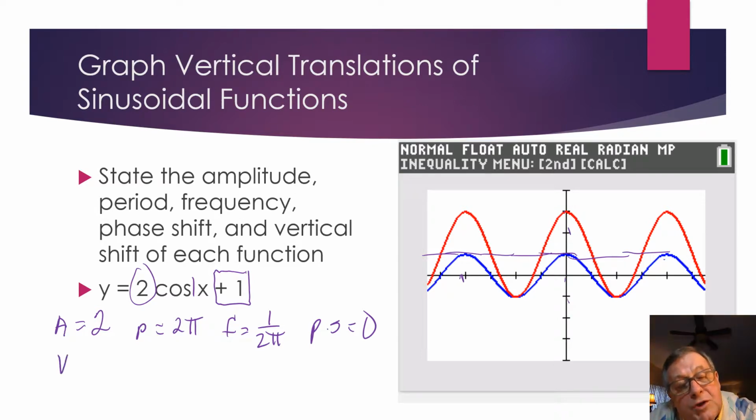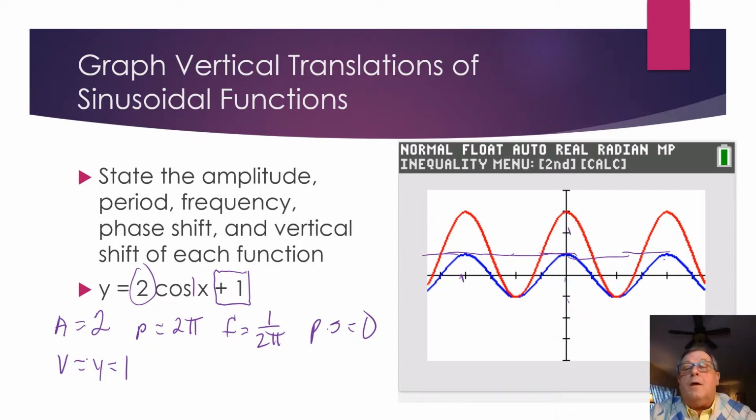Well, we got a vertical shift of, let's call it y equals 1. So we have shifted up the y-axis by 1 unit by virtue of that plus 1 sitting out there. Shifts our midline, and then we can see our amplitude oscillating from that midline.